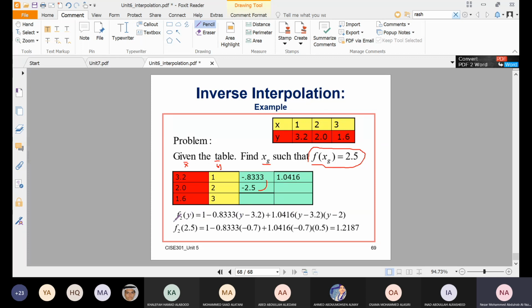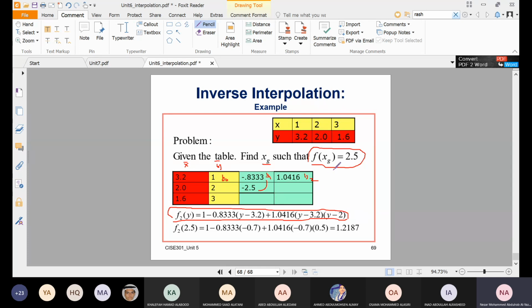Now we have this polynomial, where b0 is equal to 1, and this is b1, and this is b2. So just substitute b0, and b1 multiplied by, now instead of x we have y, so y minus x0, and b2 times y minus x0 times y minus x1.